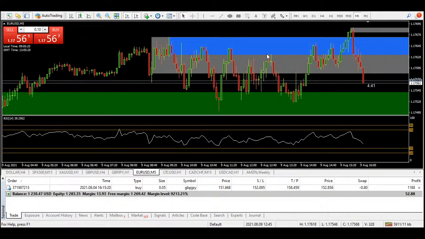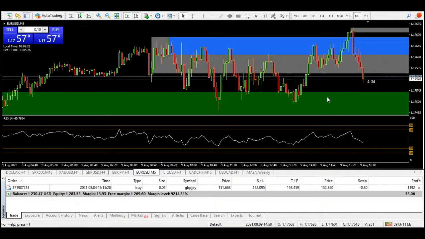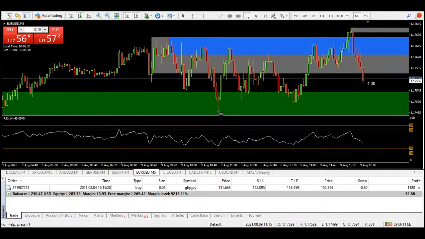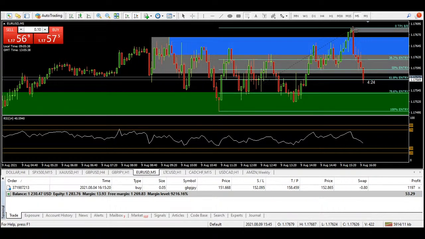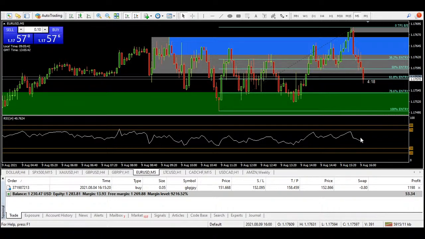Could be coming down getting another retest of our institutional zone here. So we go last swing to that. Technically you're looking at 61.8, maybe a 78.6 entry to come down and retest that.